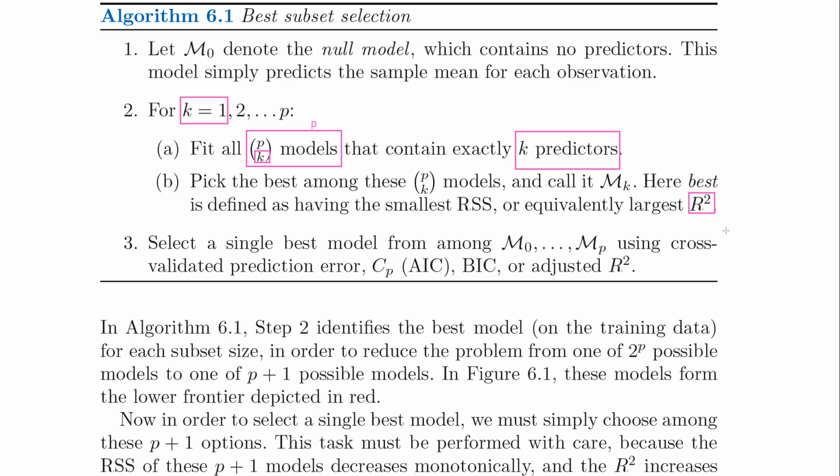We don't need to know the specificities of each measurement, cross validation or whatever. But the idea is just to get a feel of how the process is going to work. So you fit all the models with one predictor and you pick the best one. You then fit all the models, each one with 2 predictors, and you pick the best one.